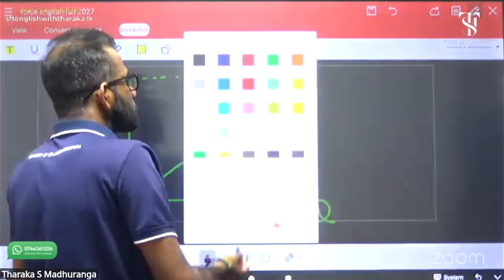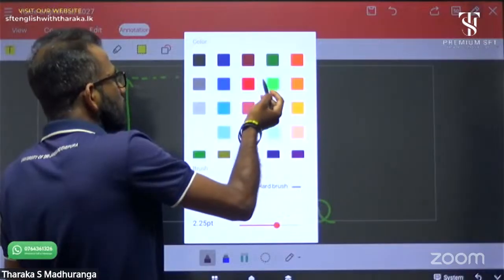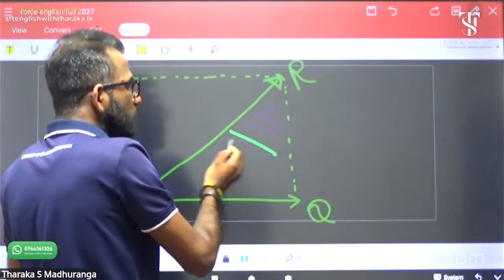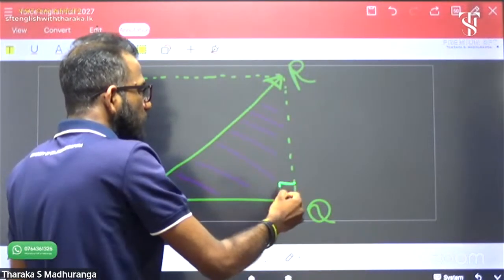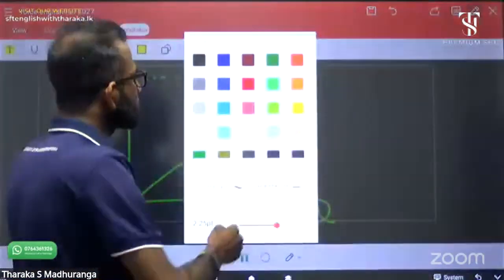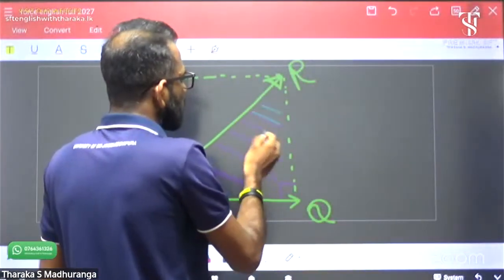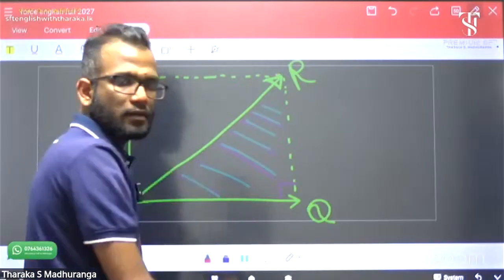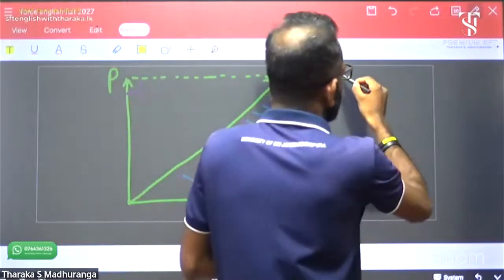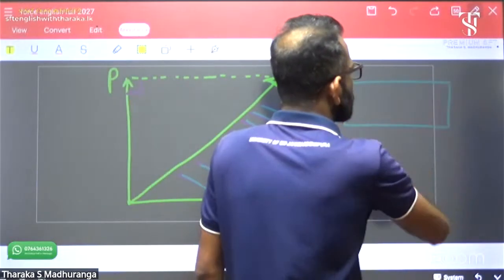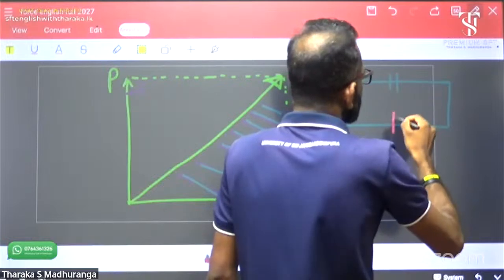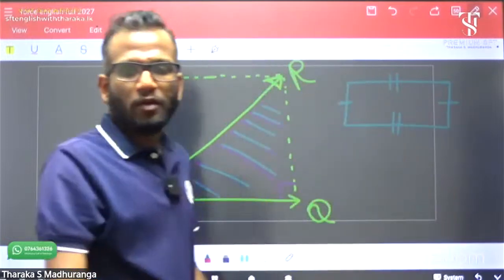Okay, now think about this right angle triangle. Now it is a right angle triangle, and this is another right angle triangle. Two right angle triangles. Now, you know if it is a rectangle, opposite sides are equal, no?